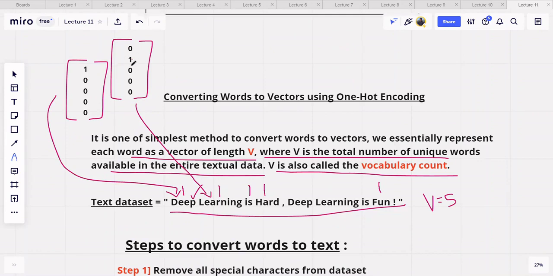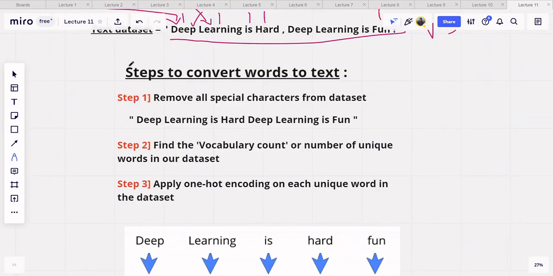Let's summarize this again, step by step. This is our data set: deep learning is hard and deep learning is fun. We have 5 unique words in our data set.